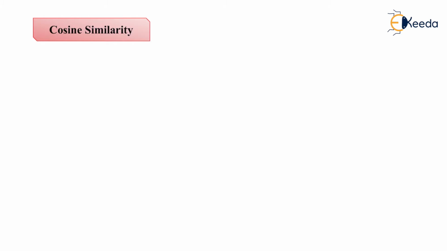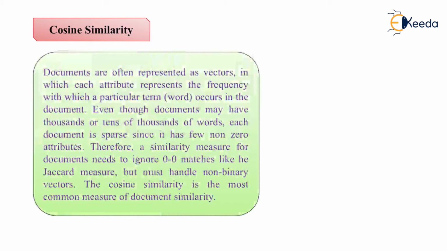Then cosine similarity. Documents are often represented as vectors in which each attribute represents the frequency with which a particular term occurs in the document. Even though documents may have thousands or tens of thousands of words, each document is sparse since it has only a few non-zero attributes.